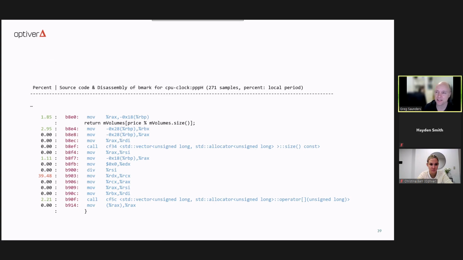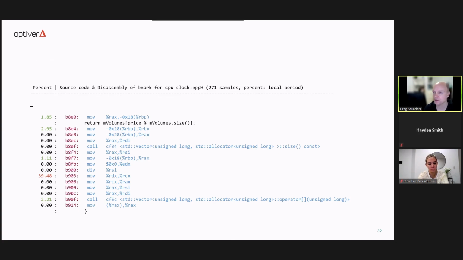So sometimes the profiler can attribute the performance to the wrong instruction. And in fact, that's exactly what's happened here. The real problem is the div instruction at B900. That's the one that's really causing us a problem. And of course, the div instruction is necessary for us to calculate the mod operator, which is used in our price mod mVolumes.size expression. That's where it's spending the majority of its time inside the getVolume function.